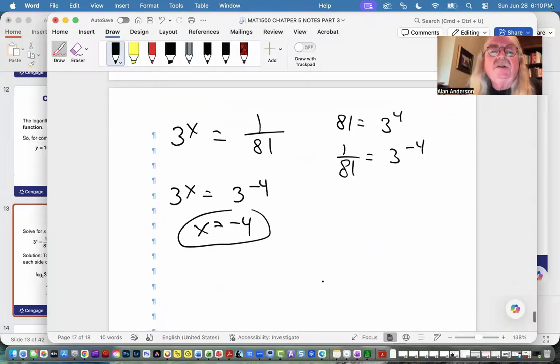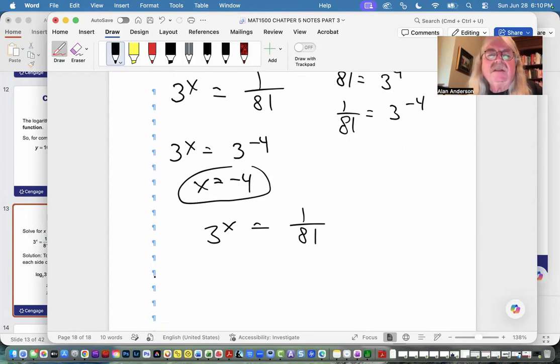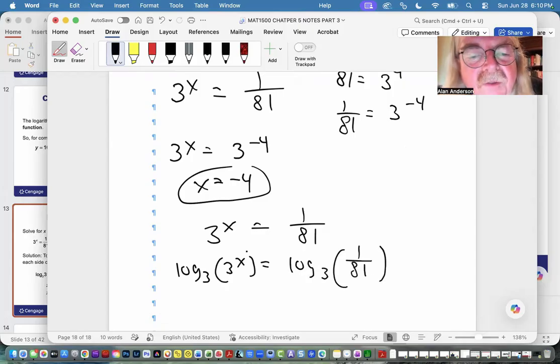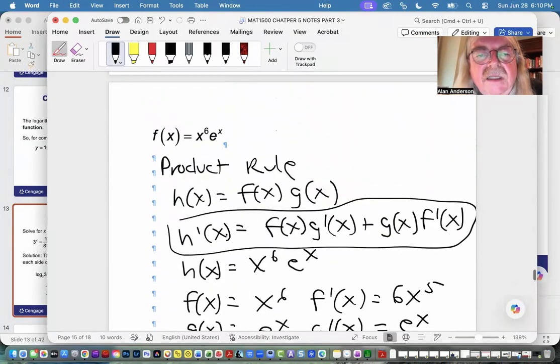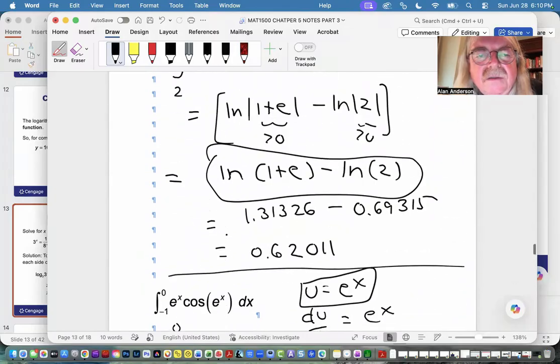The other option, if you didn't recognize that, you could have done this. You could have taken the log base 3 of both sides. Now, as we just saw, remember the general expression of this was log base a of a to the x is x. Where's that?